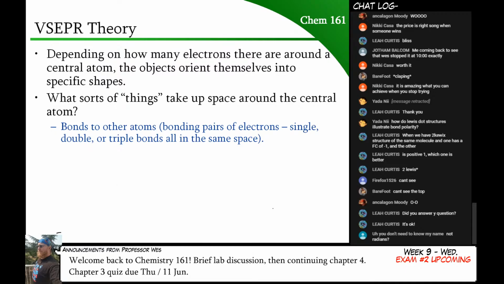So if I have my generic shape down here, here's my circle, and we'll just draw X's around this. Here's where my electrons are. What occupies these X's that has a negative charge? Well, it could be a bond. Any bonds to any other atoms have electrons in them.